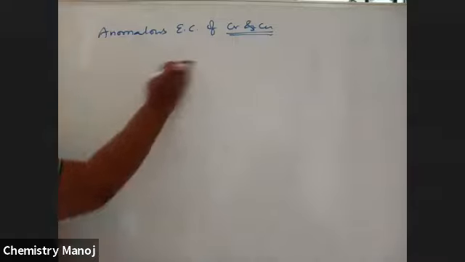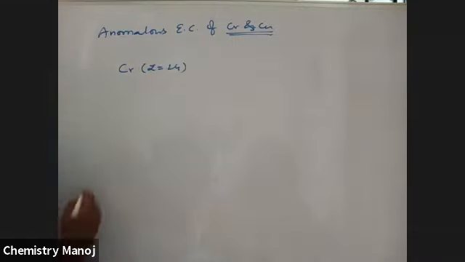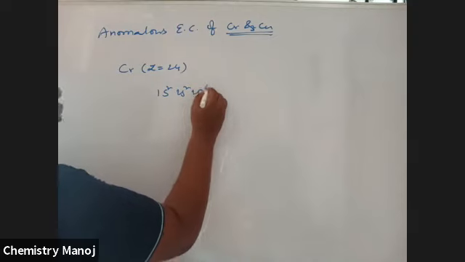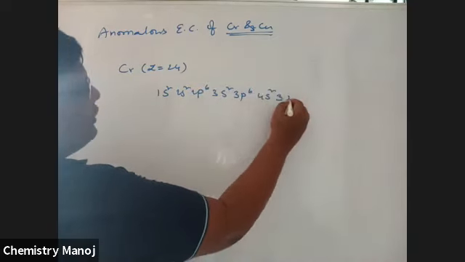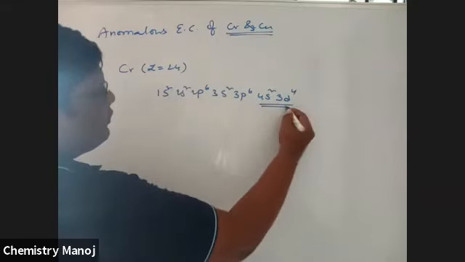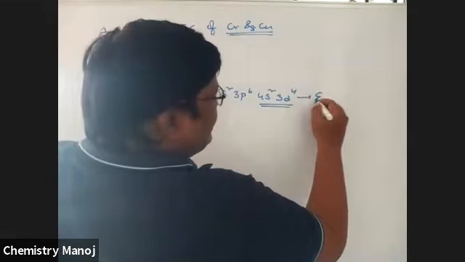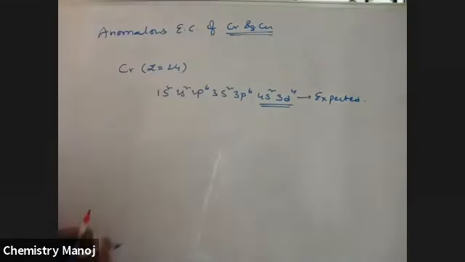So what are those? See here. Chromium, atomic number Z is equal to 24. If you write the electronic configuration, that is 1s2, 2s2, 2p6, 3s2, 3p6, 4s2, 3d4. That is expected.